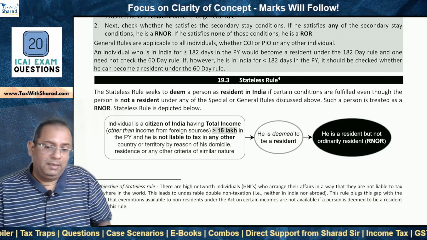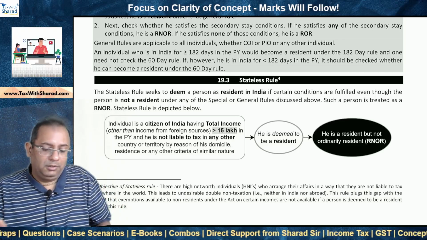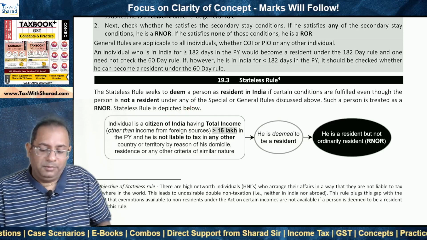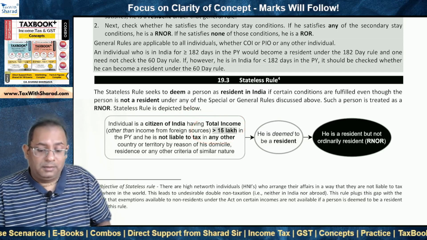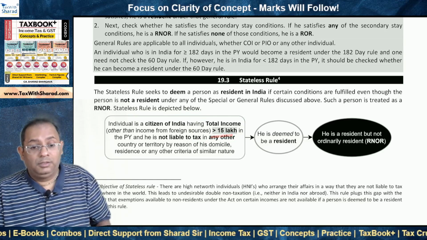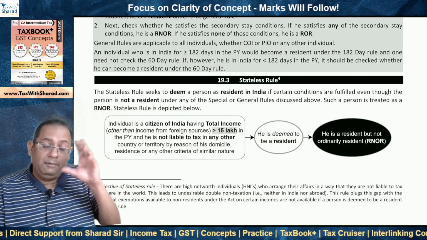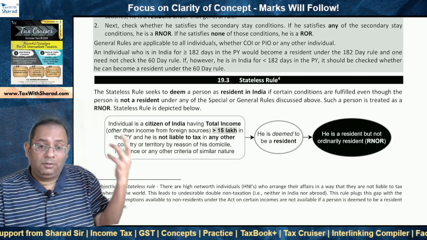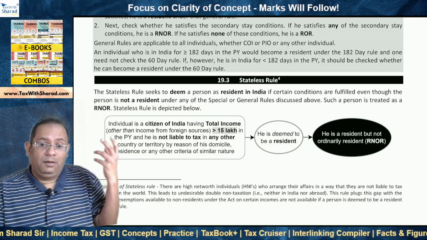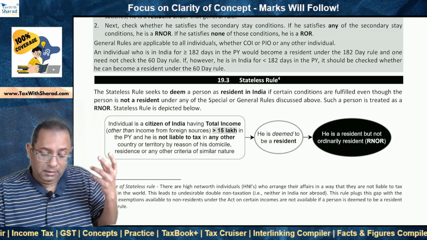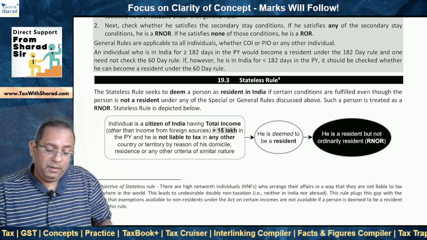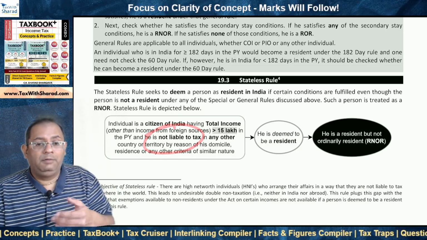Now the government feels that this should not be the case because the person is a citizen of India, the person is having a good economic nexus with India because his Indian sources income is more than 15 lakh, and he has cleverly arranged his presence or his affairs on a global stage in such a fashion that none of the country or territory is able to tax that person.